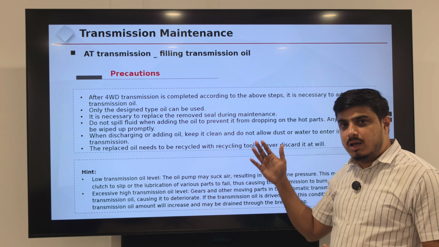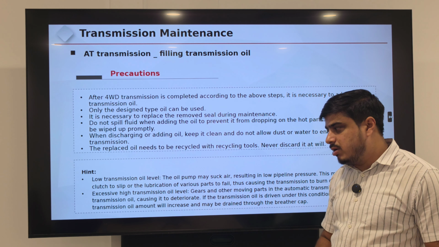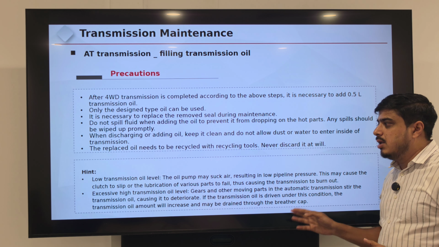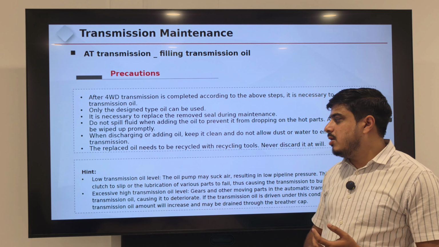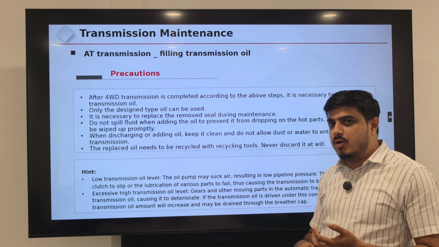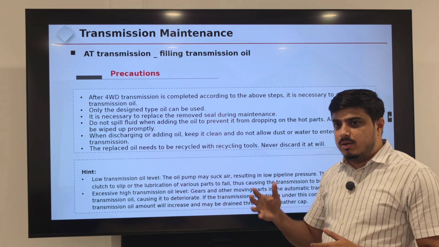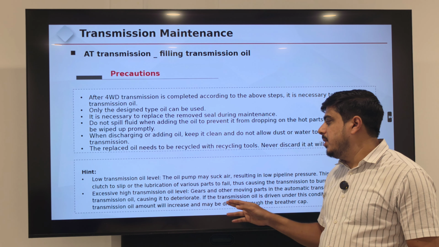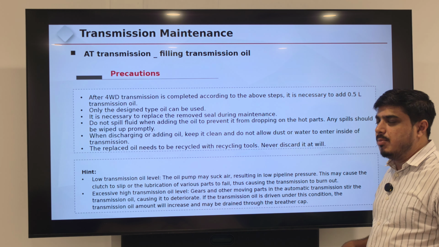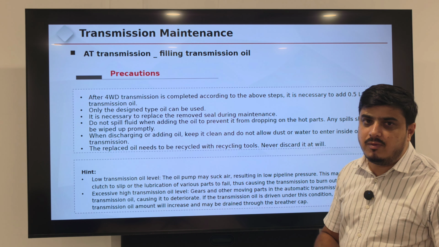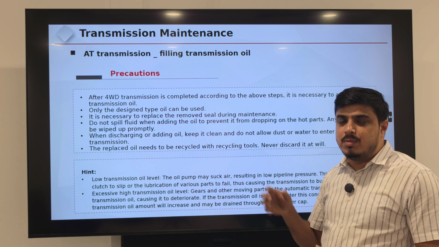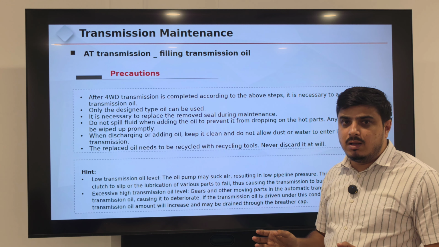The oil viscosity and grade will drop, and if the vehicle is driven under this condition, the oil amount will increase because of foam. The oil level rises because of the foam and may be drained through the breather cap. Sometimes the foam becomes vapor and comes out through the breather pipe. Sometimes it damages the seal.